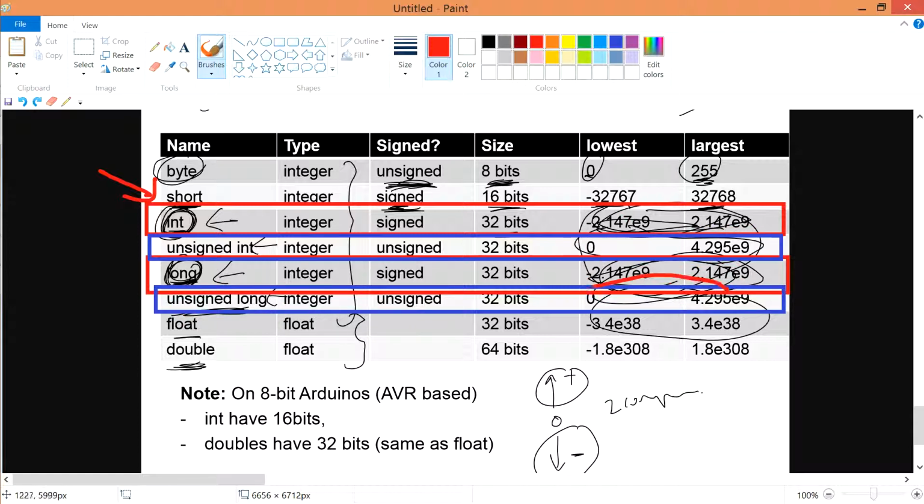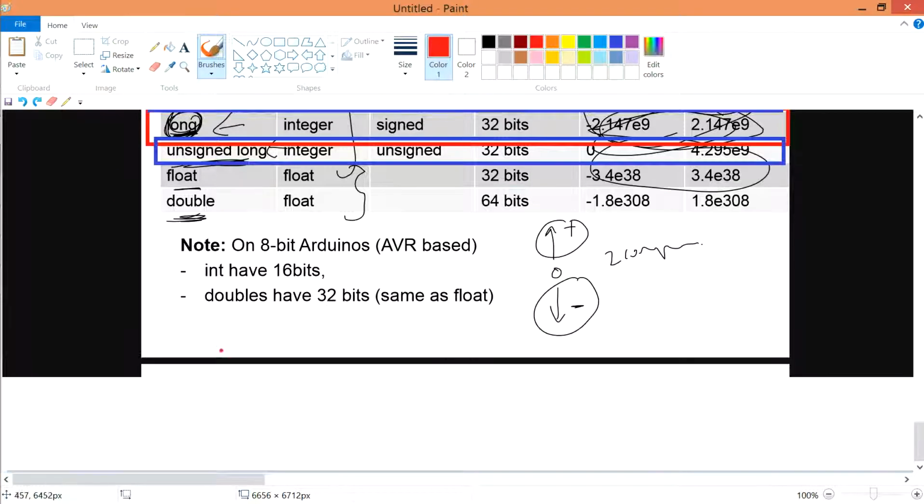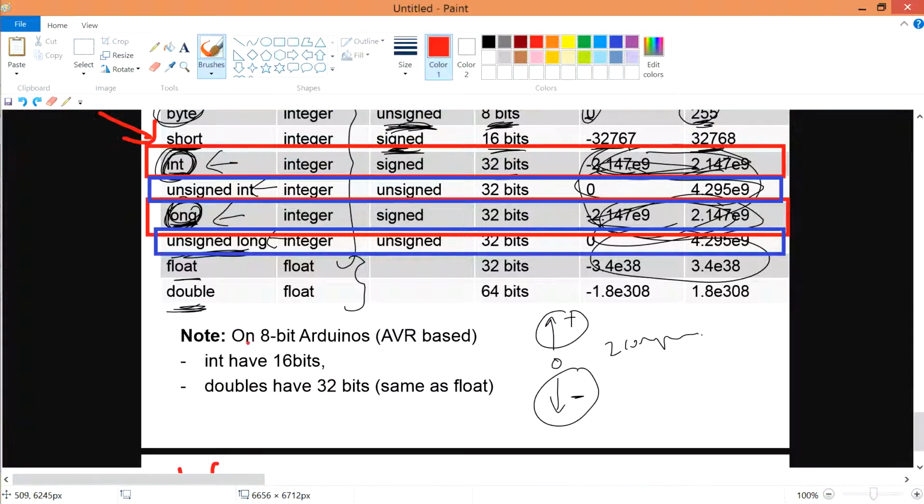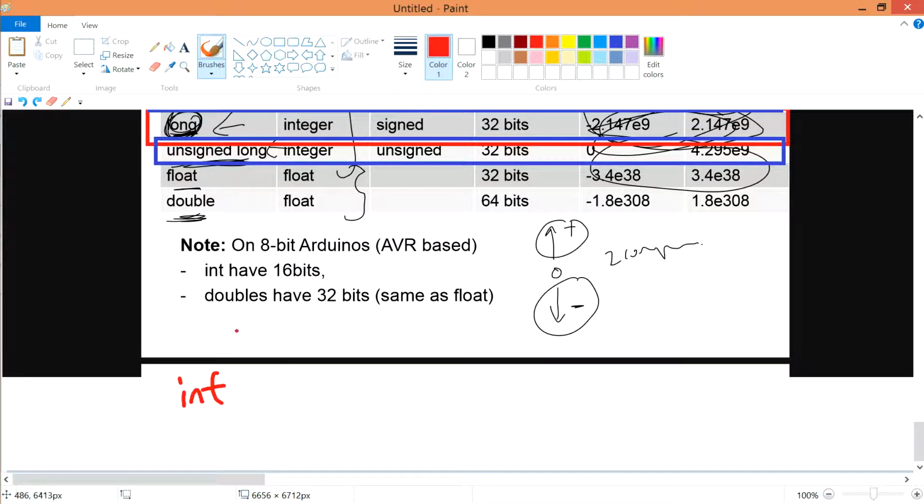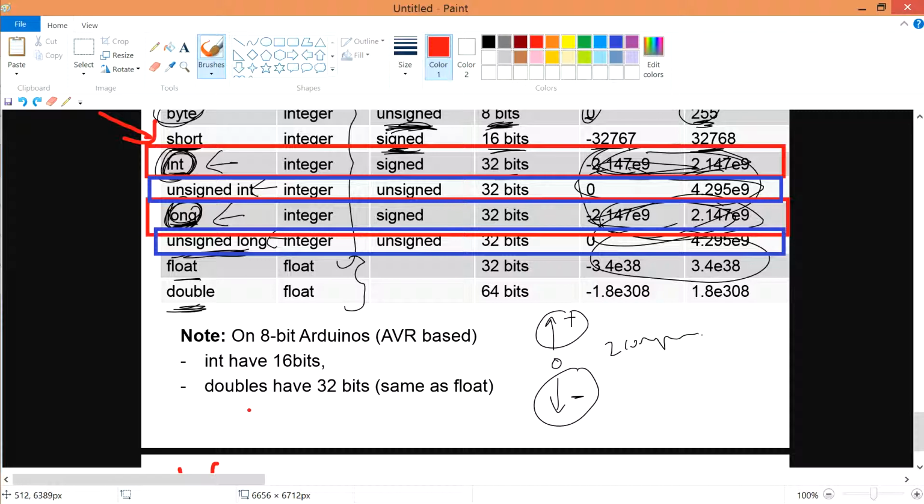From here we can see that integer is a signed system, because it goes from negative to positive.